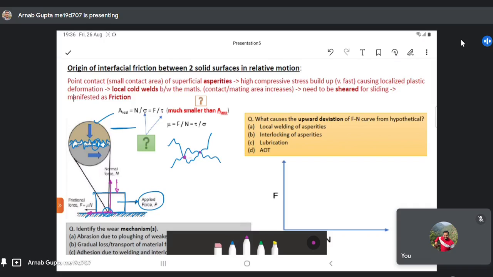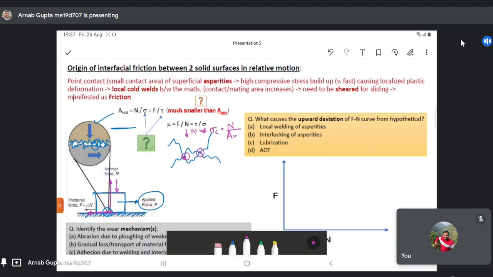The area of contact will be very small initially, due to the action of the normal force N. Compressive stress will act on the surface: N by AR, where AR is the real area of contact. The real area of contact is the summation of all these small areas that occur along the entire contact length.